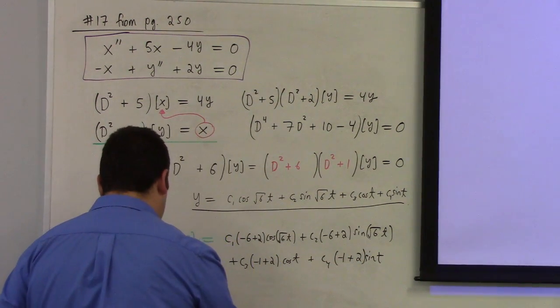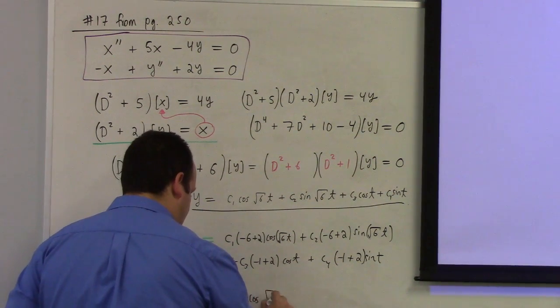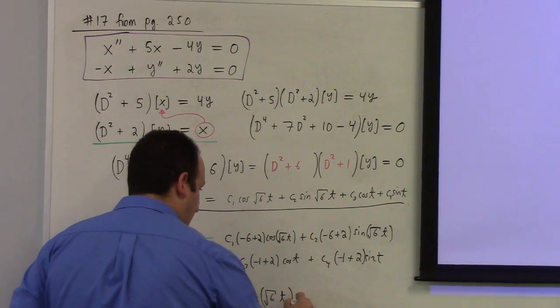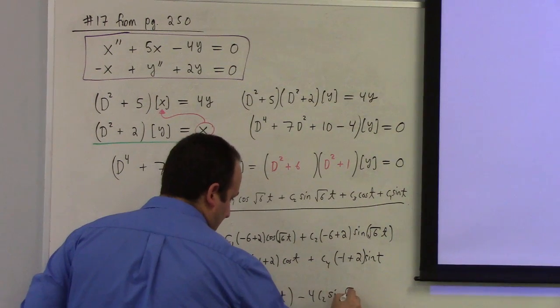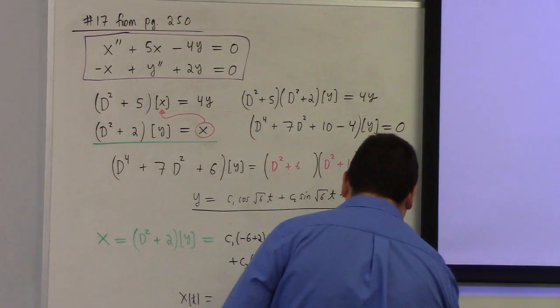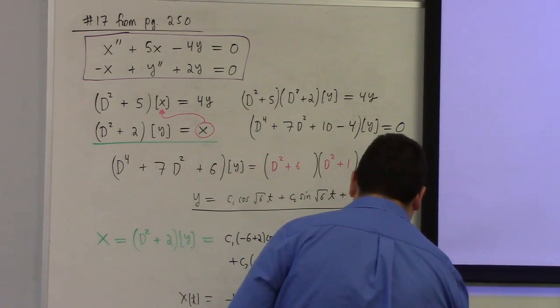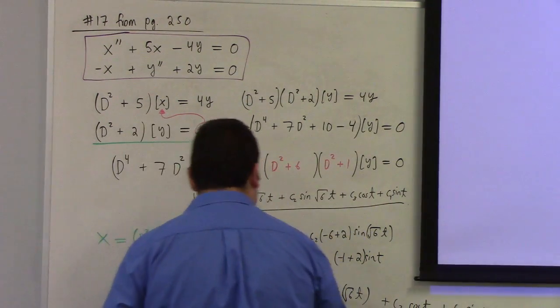Clean it up a little bit here. X of t is minus 4c1 cosine of root 6t minus 4c2 sine of root 6t plus c3 cosine t plus c4 sine t.